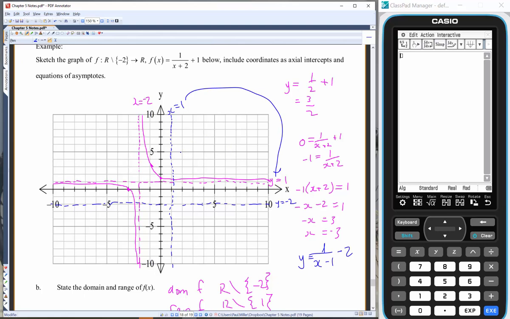Now, what's going to happen? We've got a positive, so it's going to go like this. So we're going to get an x-intercept somewhere here, I presume, and a y-intercept somewhere down here. Right, so let's get the y-intercept first. It's going to be y equals 1 over -1, that's -1, take 2, y equals -3.